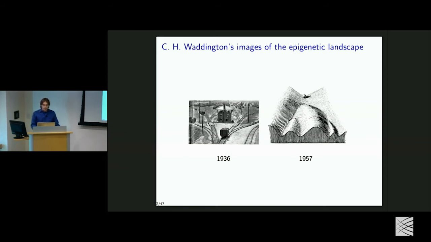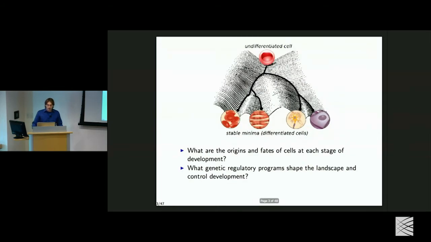The difference between these two images is that in the image on the right, the marble is not restricted to any finite set of paths. It can roll as it wishes along the trough. So in order to reconstruct this type of landscape, we want to answer questions like: what are the origins and fates of cells at each stage of development?